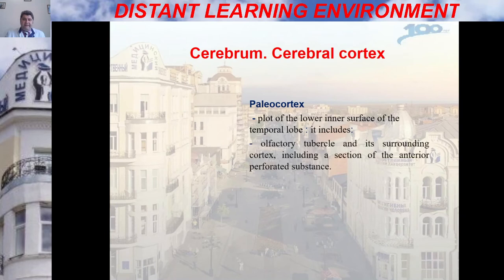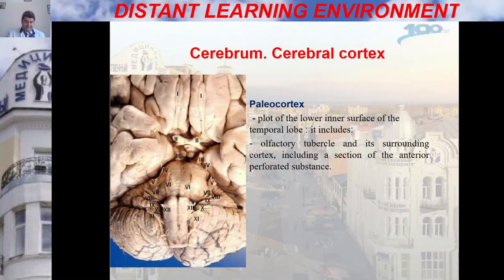So you may see these parts of cortex: paleocortex, or paleopallium, a small cortical area on the ventral surface of the frontal lobe lying close to the olfactory bulb. It includes the olfactory tubercle and its surrounding cortex, including a section of the anterior perforated substance. You may see this part here.